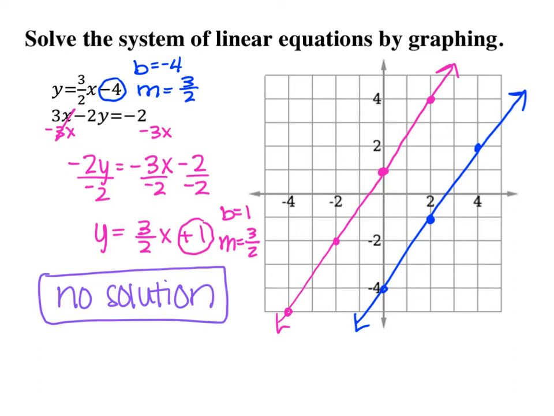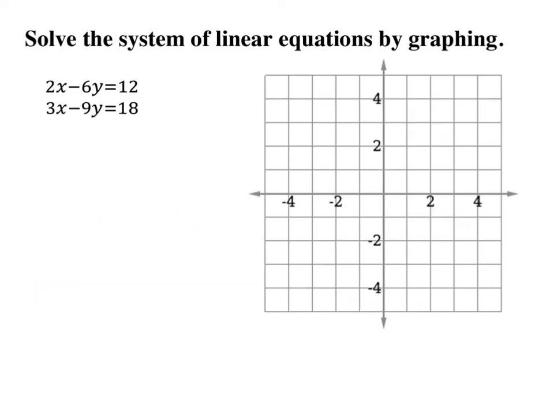And our last example. This time it looks like I'm going to need to get y by itself in both equations. So if I start with the first one, 2x minus 6y equals 12. And I subtract 2x from both sides. Negative 6y is negative 2x plus 12.